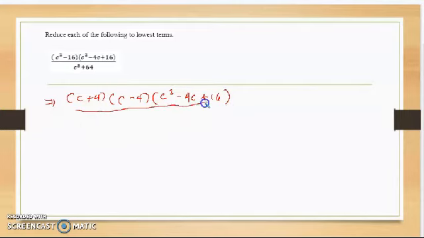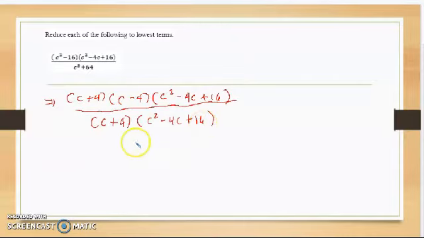How about the denominator? The denominator is c cubed plus 64. This is a perfect cube, therefore this is a sum of two cubes. So the factors are c plus 4 times the quantity of c squared minus 4c plus 16.